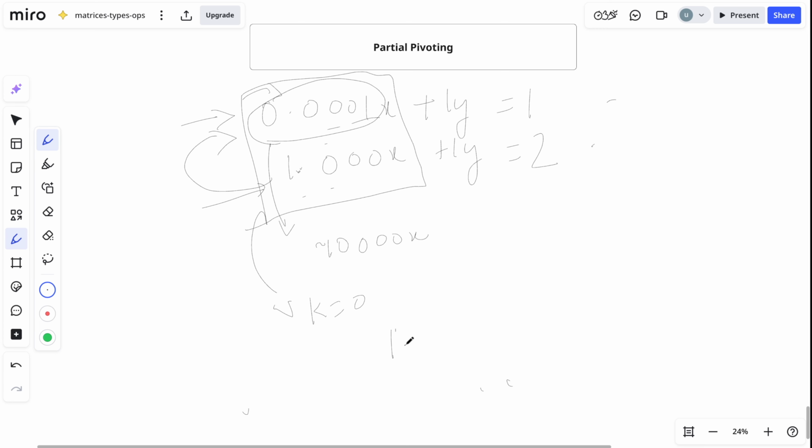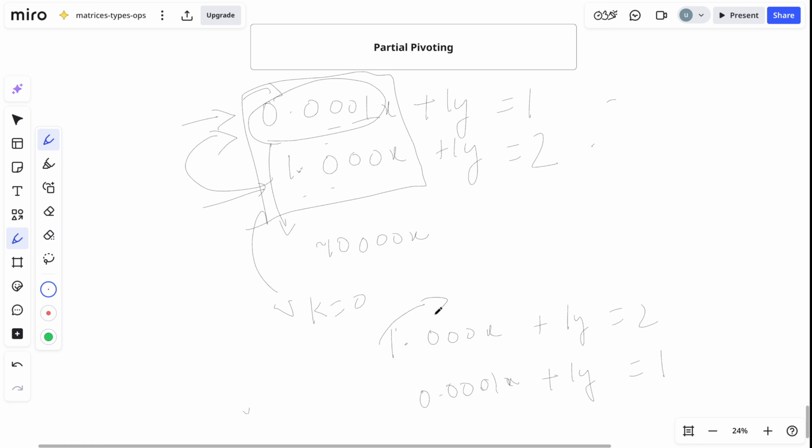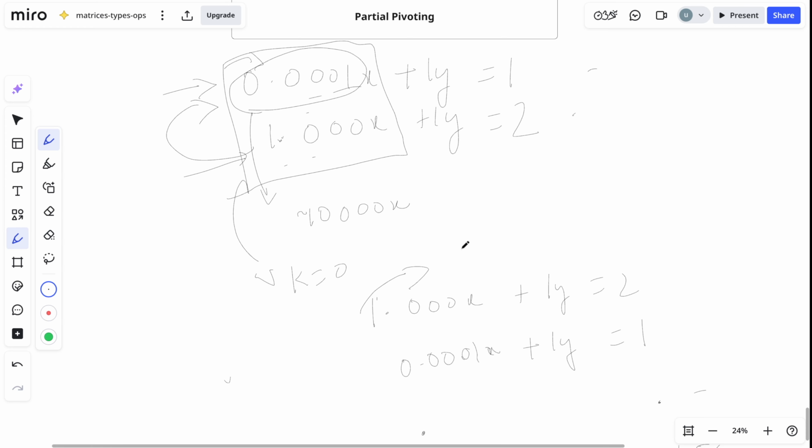So then it becomes 1.000x plus 1y is equal to 2, and then 0.0001x plus 1y is equal to 1. Now we can proceed with the normal steps of the Gauss elimination method and solve this. So this is what partial pivoting is. It tries to minimize the numerical errors caused by very small elements.